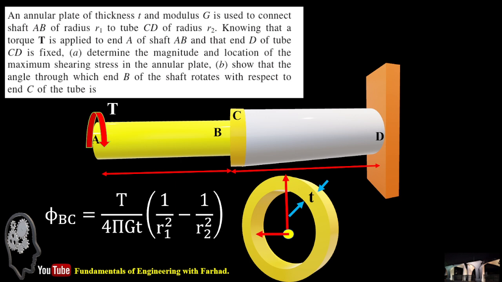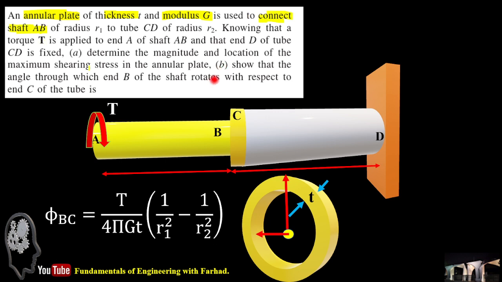In this problem, we have an annular plate, what you can see here, with the thickness of t and shearing modulus of G, used to connect the shaft AB.